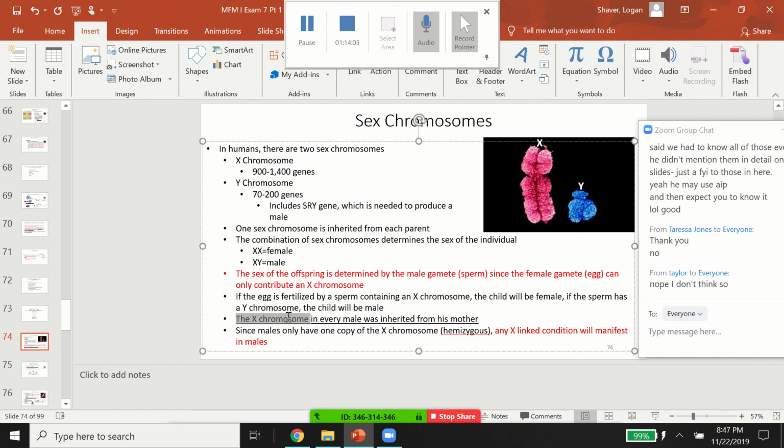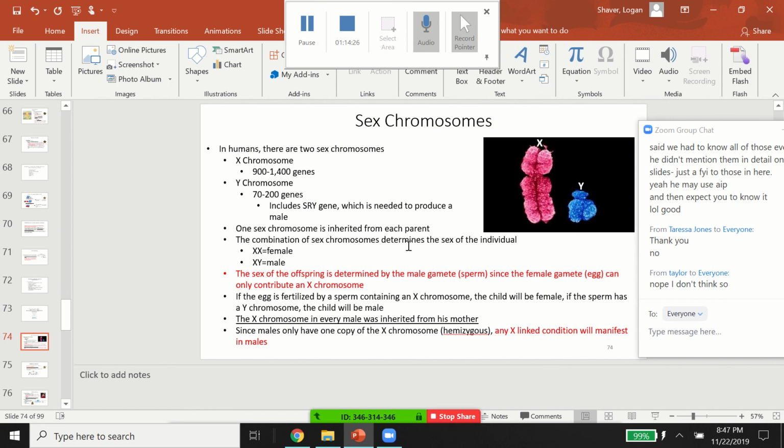Another thing to note that helps you make sense of the inheritance pattern for sex-linked disorders is that the X chromosome in every male was inherited from the mother. Okay, so just keep that in mind. It's a pretty big thing to keep in your head.